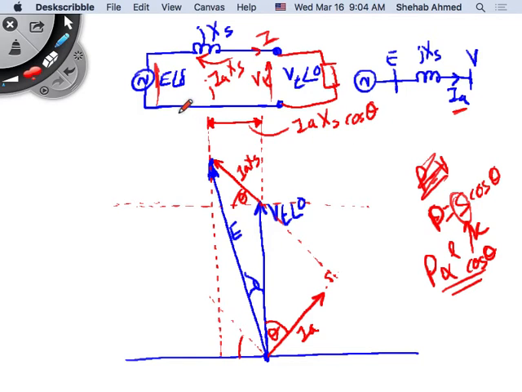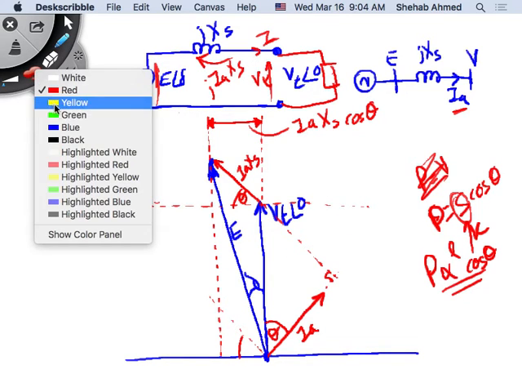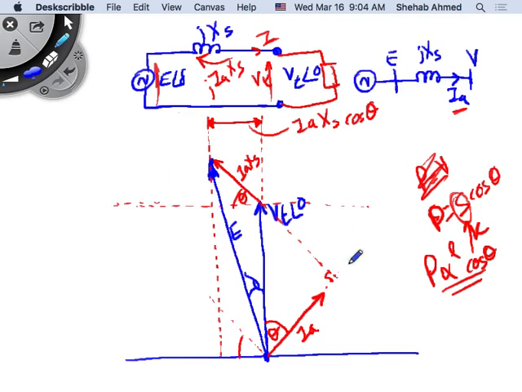How about if I now increase the load current, and this becomes my new IA, what's going to happen? I have to extend this, right? The voltage drop will increase, but the angle theta will not change.